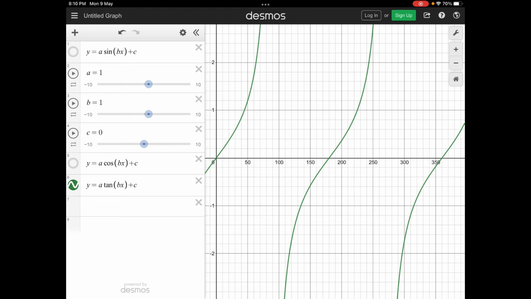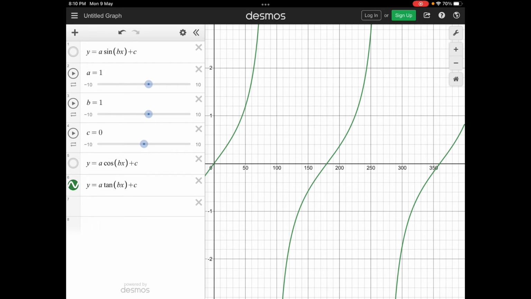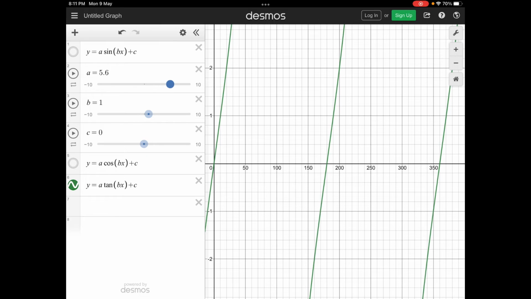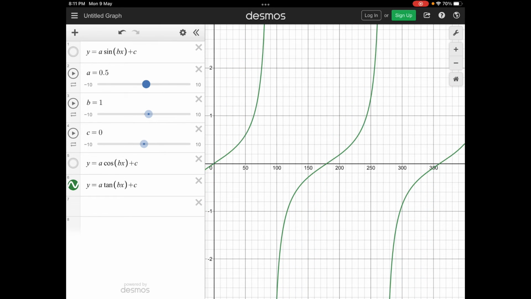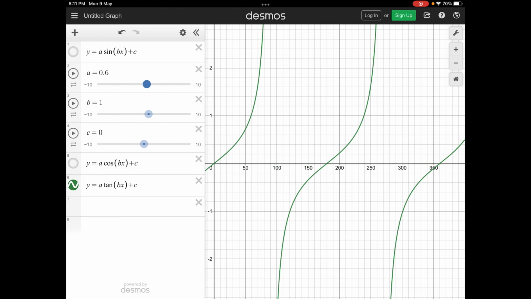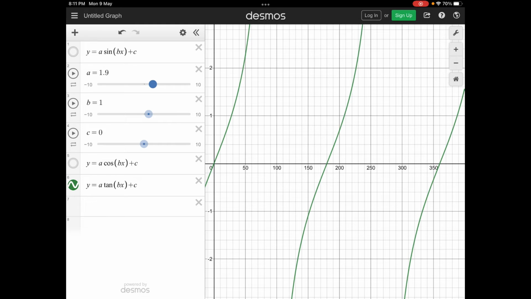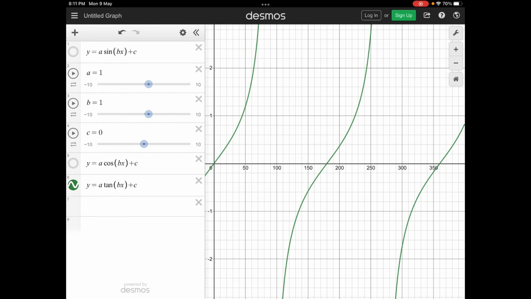Because of its nature, it doesn't have a maximum or minimum, and so it doesn't behave in exactly the same way, right? What we will do is we will track the value of tan at 45 degrees. That's generally a good place to look at what the amplitude is doing.